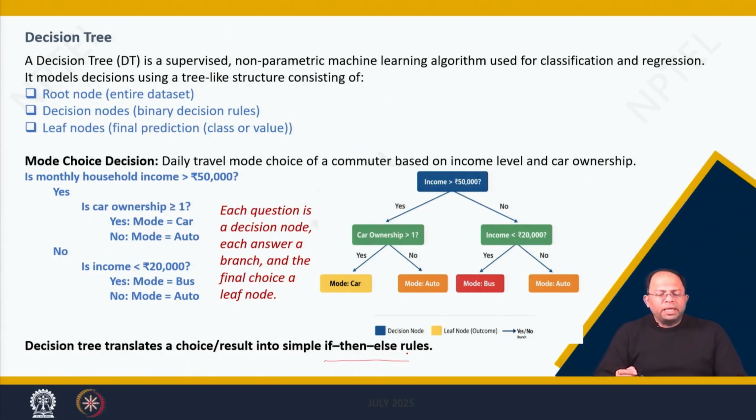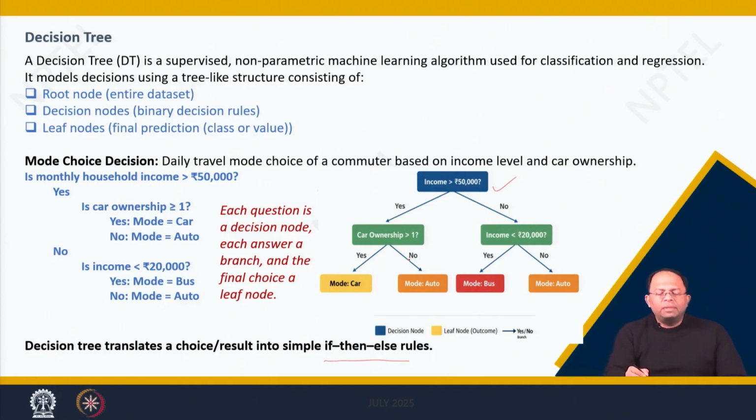So in this particular case, you can see that the first question I'm asking is, is income greater than 50,000? If it is yes, then I will ask further questions. If it is no, I may ask further questions. After that, if it is yes, I'm asking another question, that is, is car ownership greater than 1?